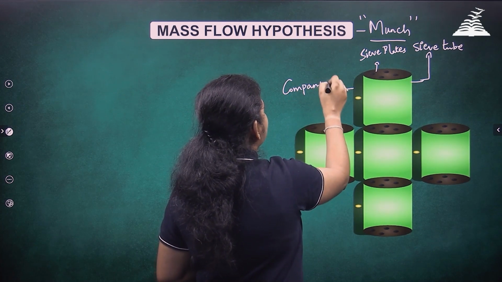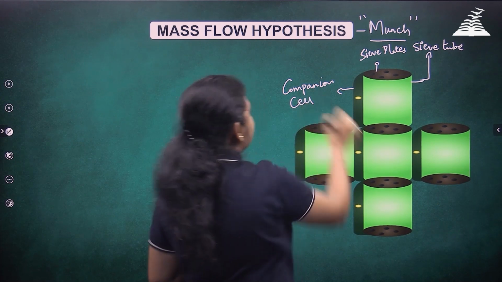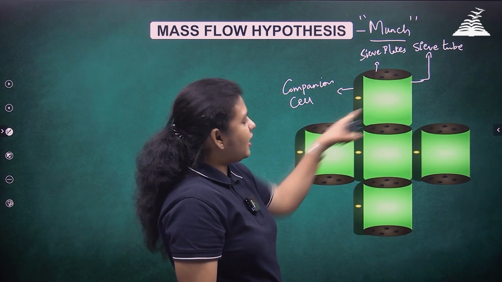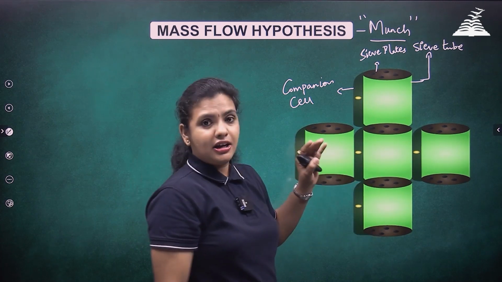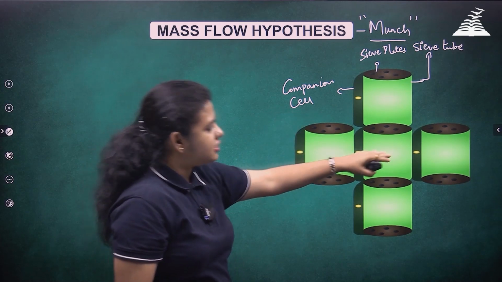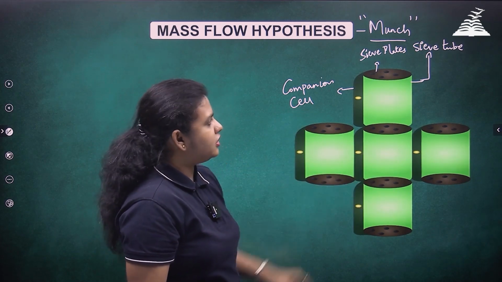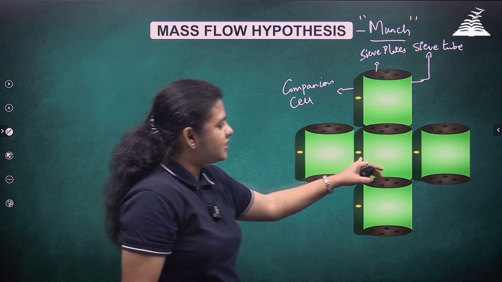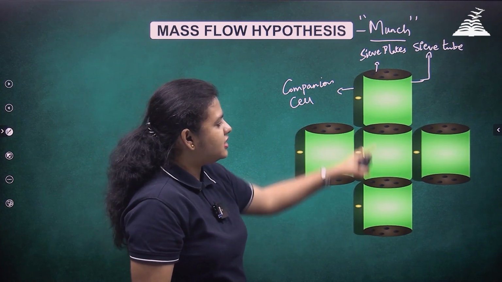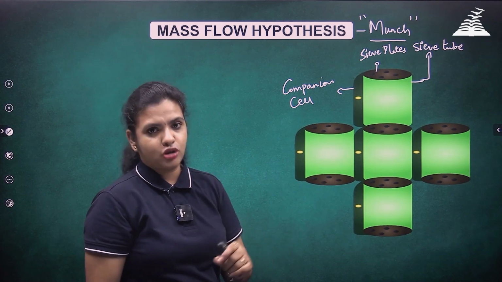Okay, a very simple diagram to illustrate the mass flow hypothesis. So I have put up 1, 2, 3, 4 and 5 images of sieve plate, sieve tube and companion cell. So these are all sieve tubes. These are your companion cells, the ones with the nucleus, and these are your sieve plates with pores.